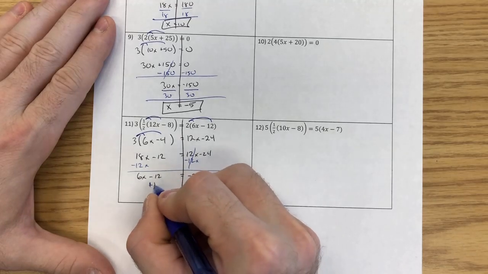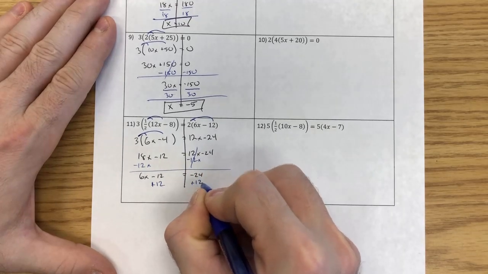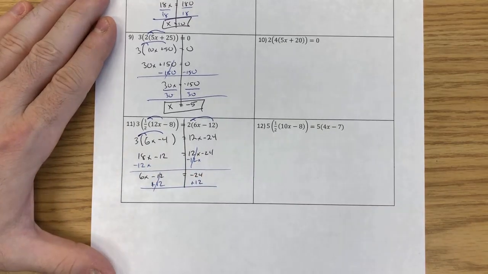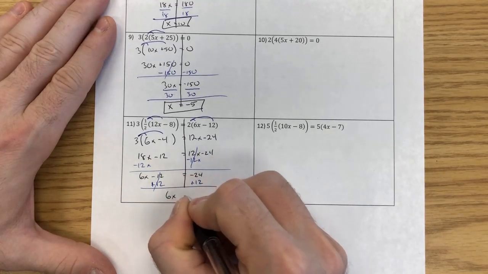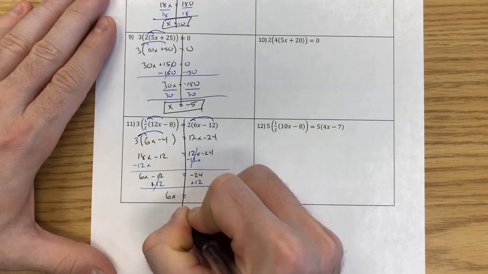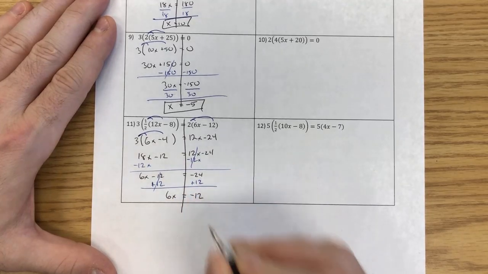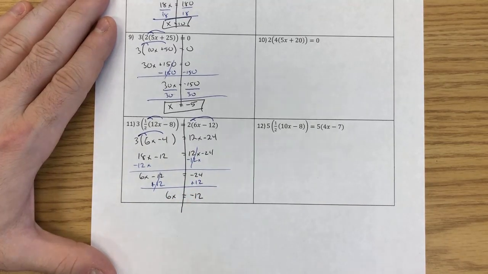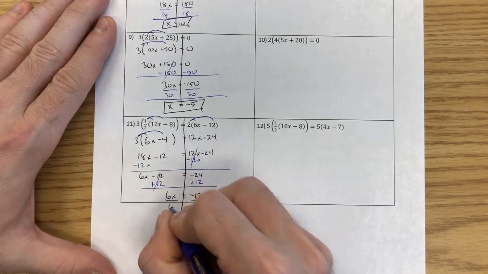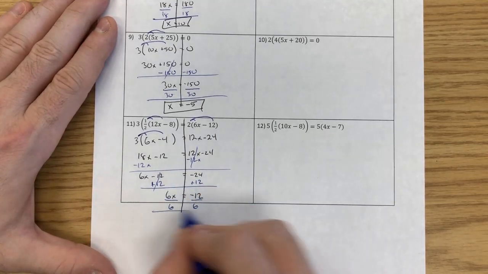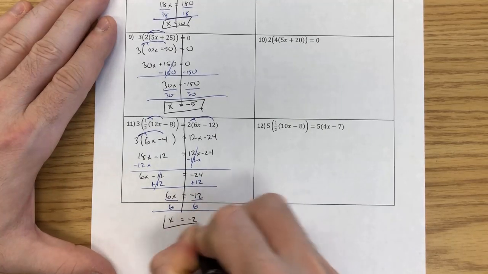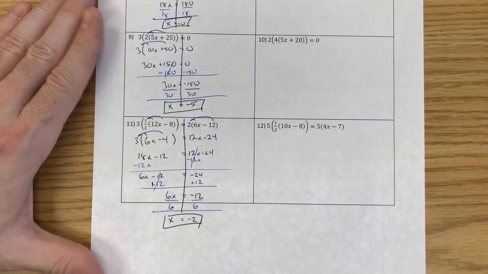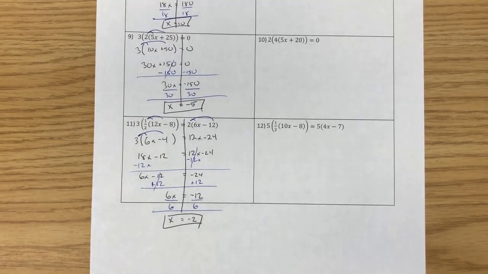I'm going to get rid of the minus 12 by adding 12 on the left, which is going to move that away from the 6x. And then my final step right here is I'm going to divide by 6, which is going to lead me to a final answer of x is equal to negative 2. Boom. And there we go.